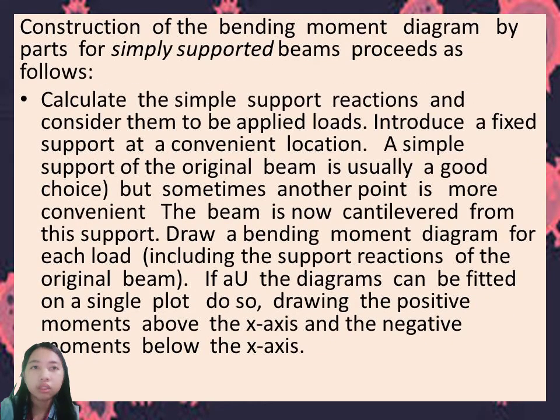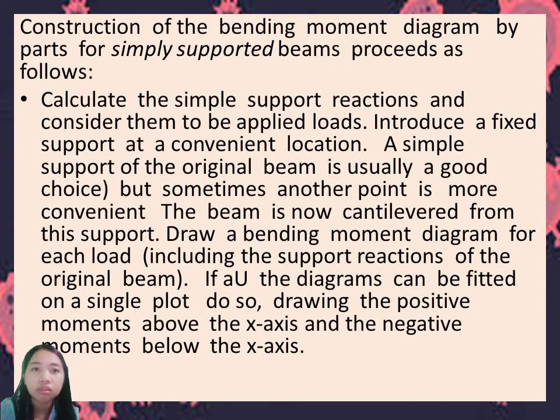So the construction of the bending moment diagram by parts for simply supported beams proceeds as follows. The first step is to calculate the simple support reactions and consider them to be applied loads. Introduce a fixed support at a convenient location. A simple support of the original beam is usually a good choice, but sometimes another point is more convenient.